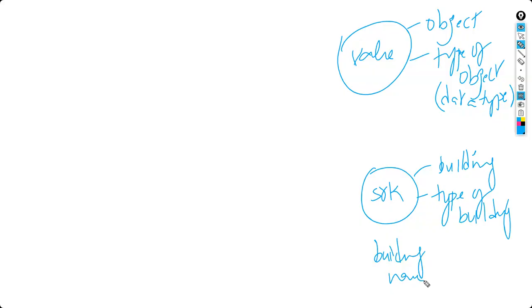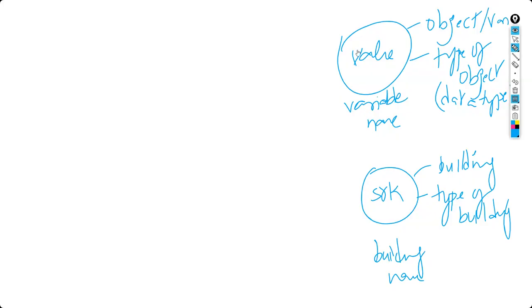That is the same as a variable name. Because that value will be stored in an object, that object is called a variable. A variable is an object where you are going to store the value. So object name is nothing but variable name. Is the point clear, Manikanta? Done. Clear, right?